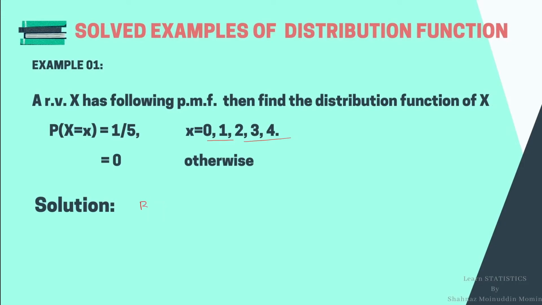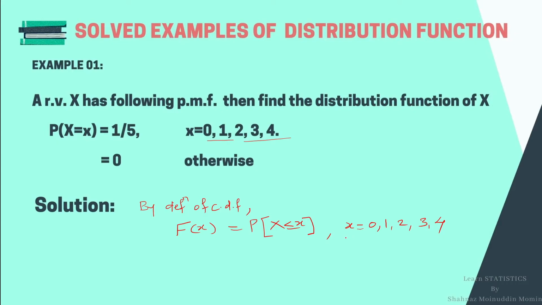By definition of CDF, we know that CDF f of x is equal to probability x less than or equal to x, for x equal to 0, 1, 2, 3 and 4.